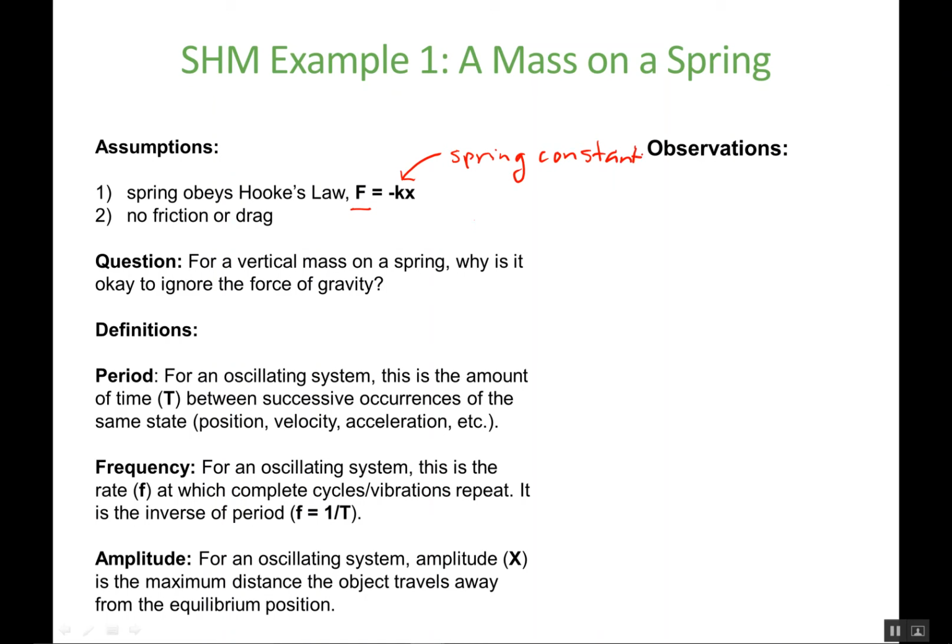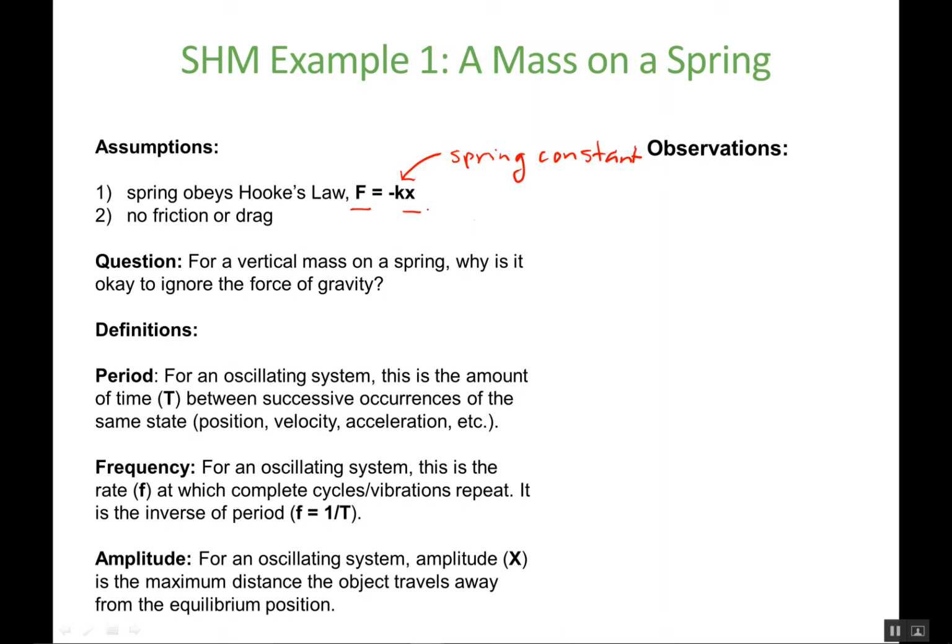And the spring constant is a measure of how strong the spring is. A strong spring has a big k, a weak spring has a small k. And x is how far the spring is displaced from its equilibrium position when it is at rest.